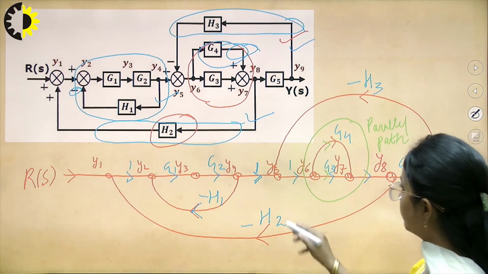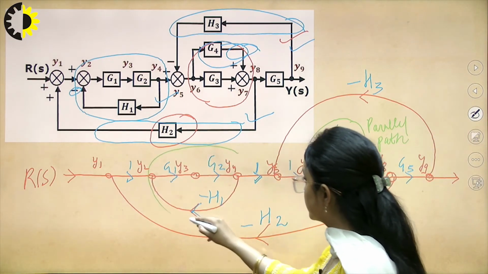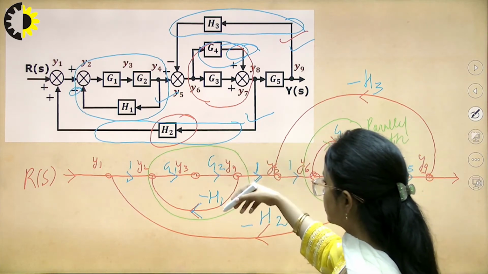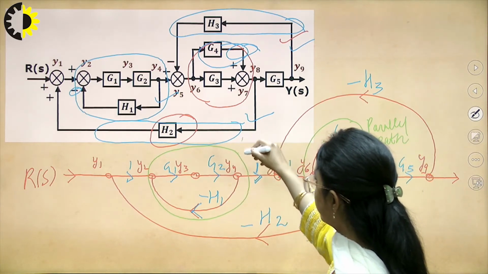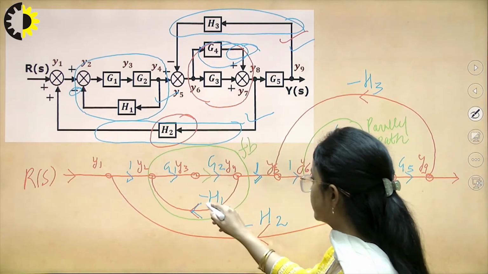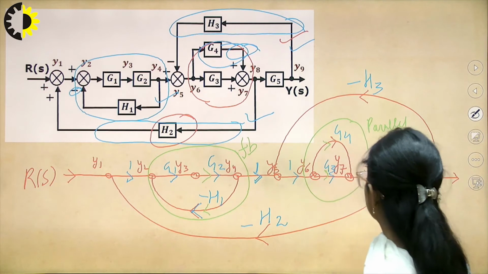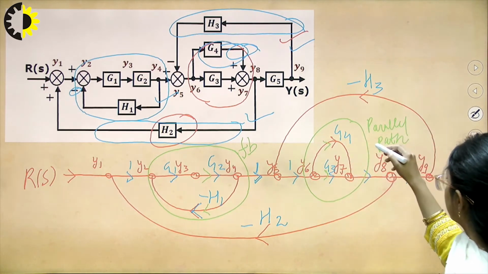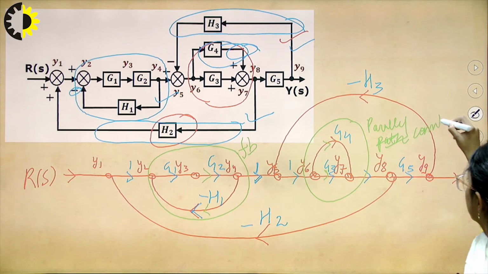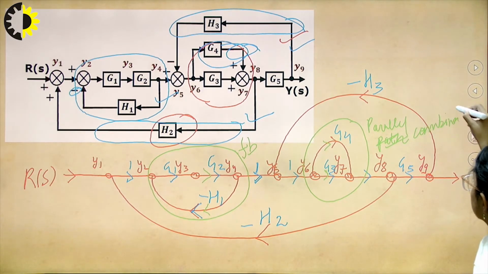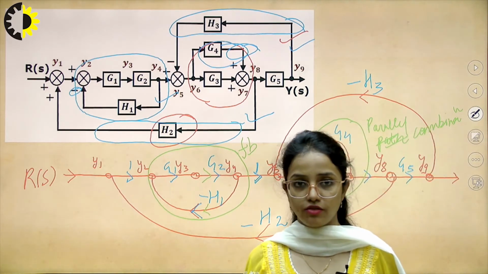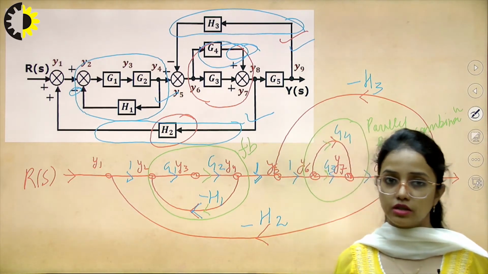Similarly, I am very much clear that this is a combination of feedback, because this direction and this direction are opposite. So this is how we convert a block diagram into a signal flow graph.